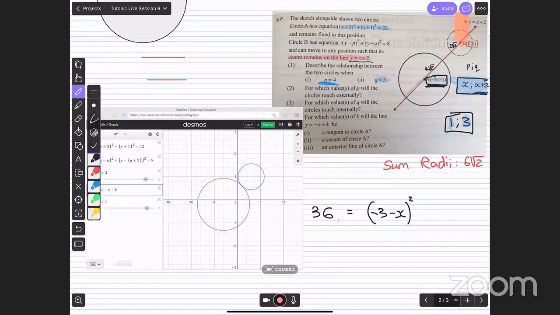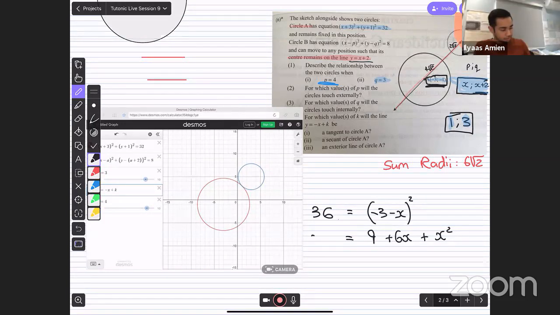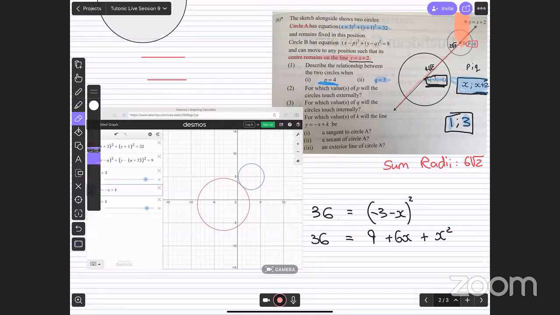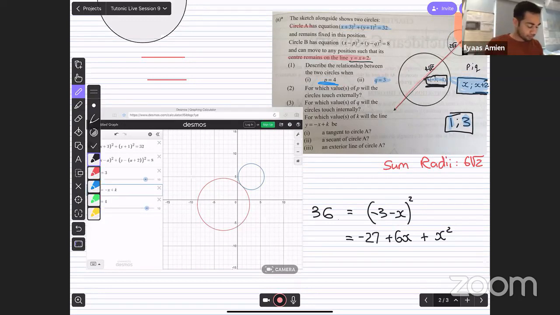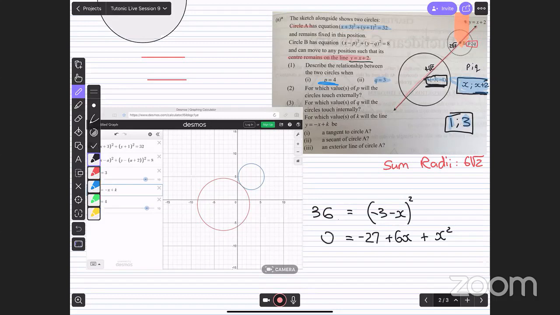So it'll be 9 plus 6x plus x squared equals 36. Then you bring the 36 over and you get minus 36, so 9 minus 36 is equal to negative 27, and you factorize that trinomial.